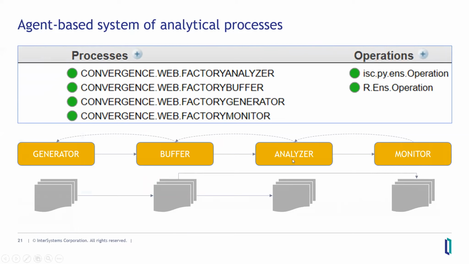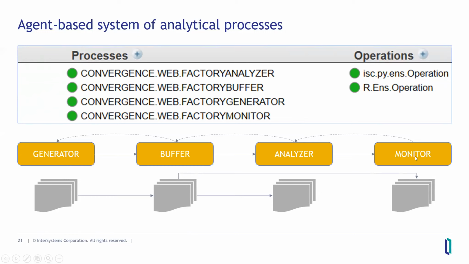We have a process called analyzer that embeds all the Python content. We're using Python in this case, even if in that slide we've taken it from another example. And Eduard was mentioning in the beginning that we can use both Python and R in the same system and the same process.